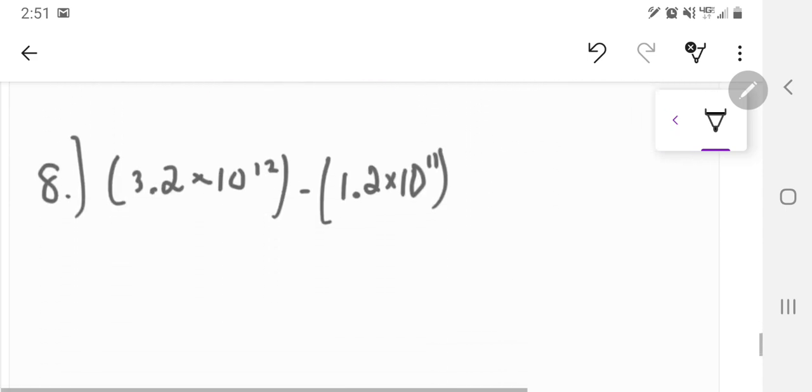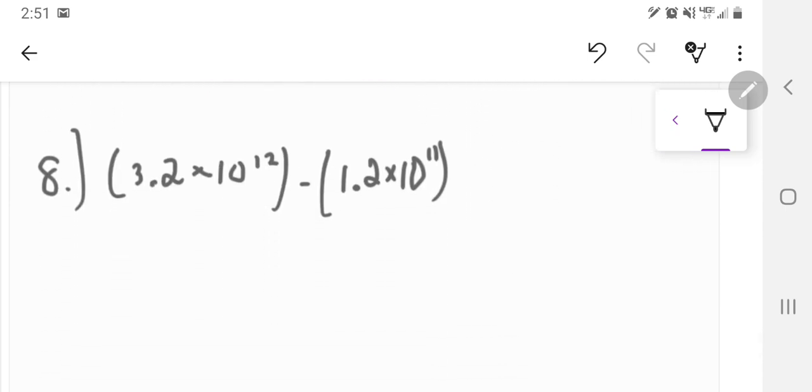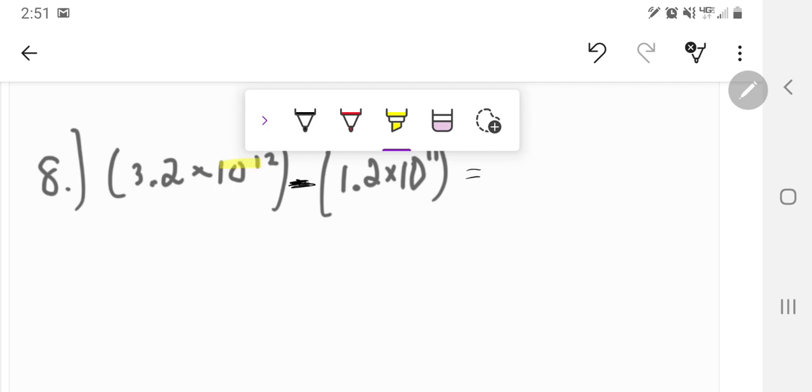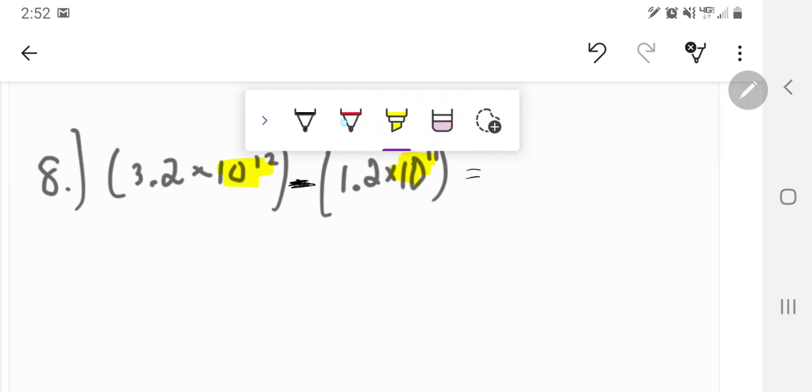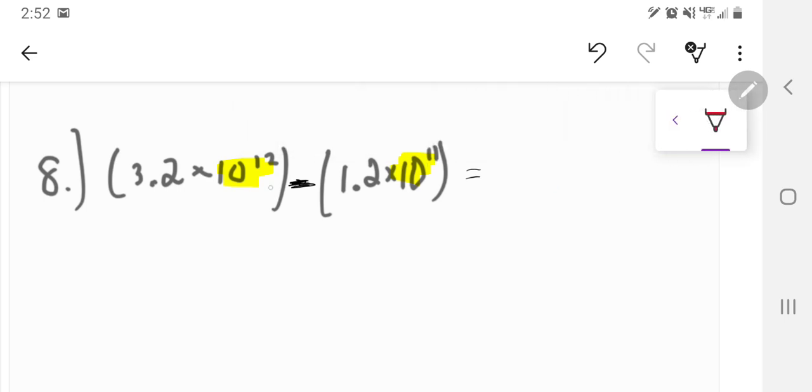Number 8, our last one. All right, we are subtracting here, so make sure we follow those rules. However, we don't have matching powers of 10. So we have to adjust powers of 10, and usually I take the lower power of 10 and bump it up. So I'm going to take the 1.2 times 10 to the 11th and bump that up to 10 to the 12th.